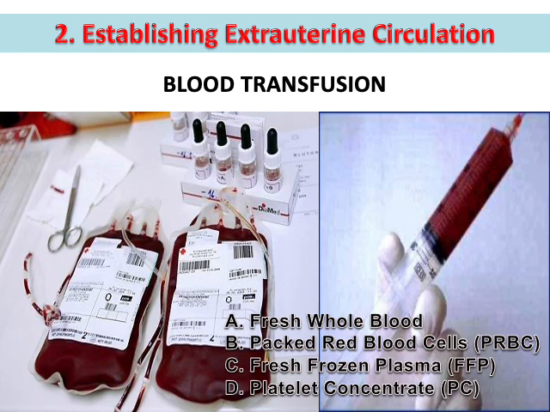Remember also that when you give blood, you give it in a span of 4 hours, except the platelet concentrate. Platelet concentrate can only be given in 1 hour. Other than that, or more than that, the blood will be spoiled.